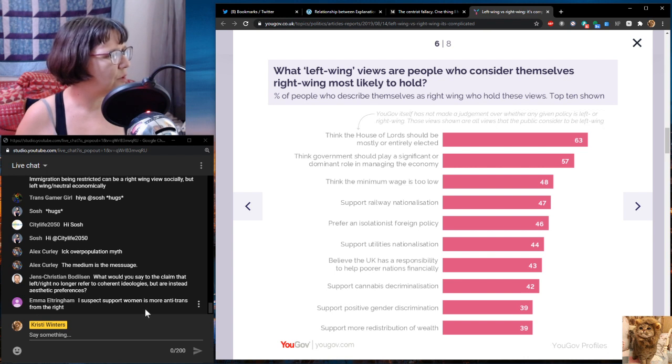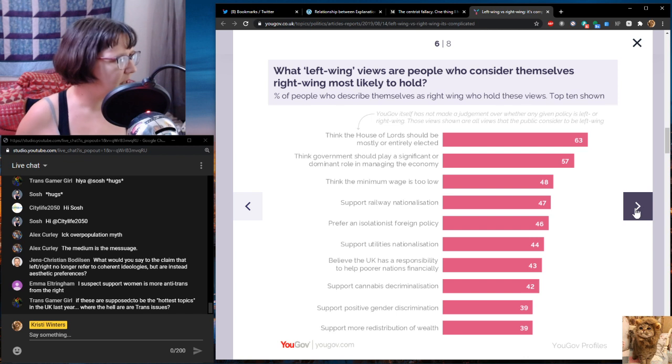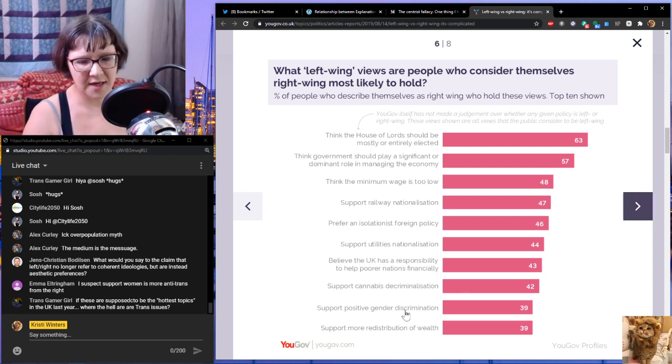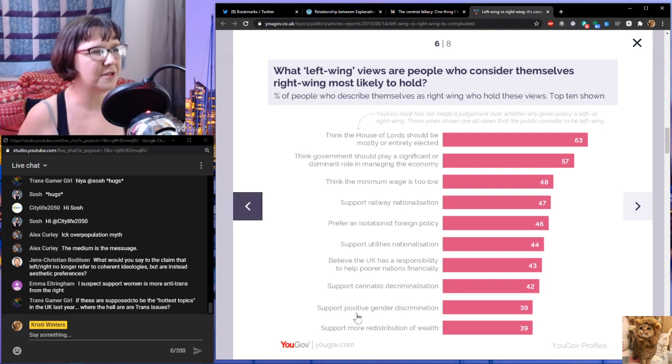Supporting women is more anti-trans from the right. I don't really know that you can get that from 2019 data. I think we'd have to look at the way the question is worded, because it's positive gender discrimination. What they're talking about are policies that help recruit and push forward women who otherwise might not get ahead.